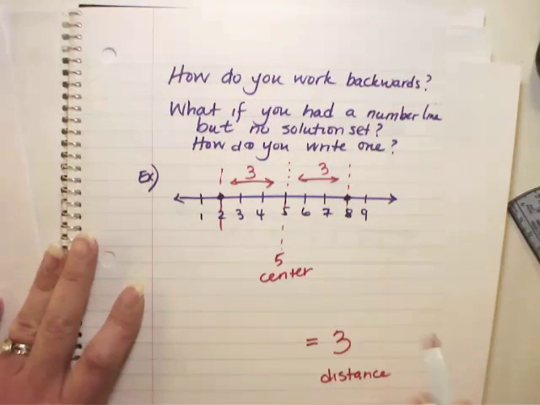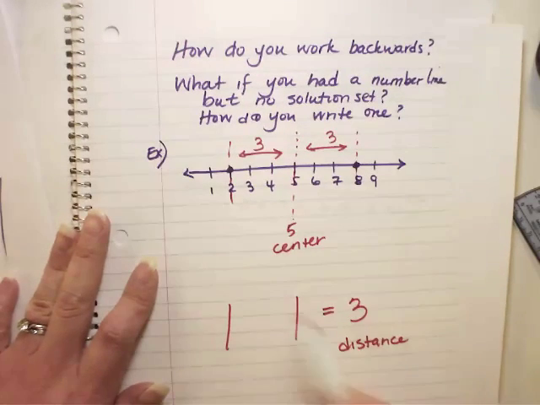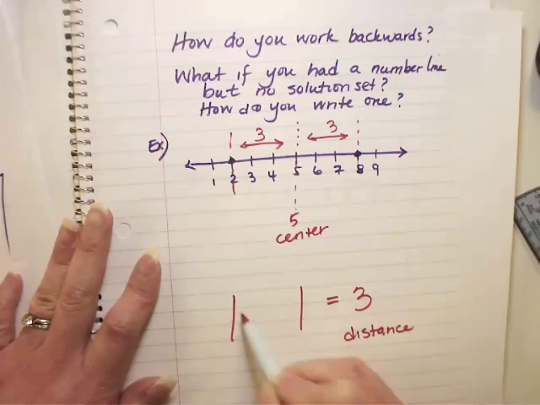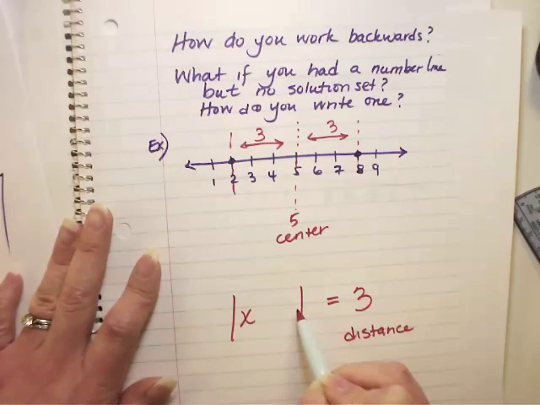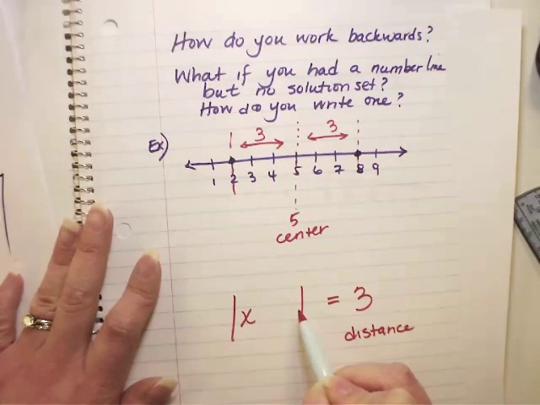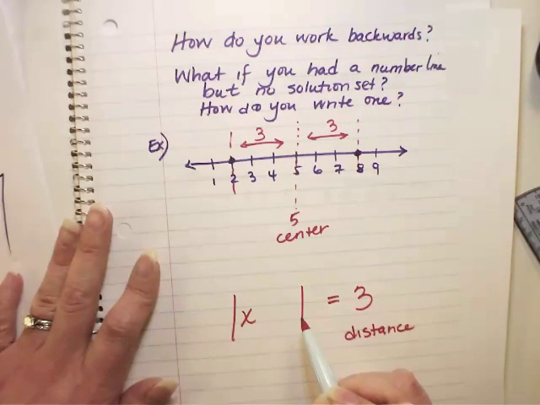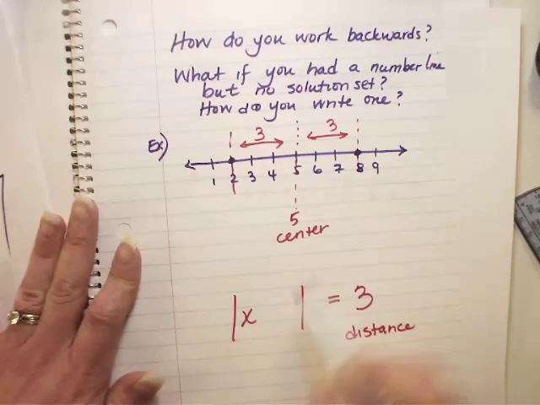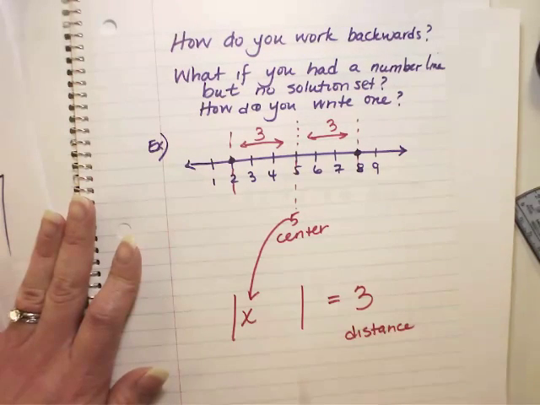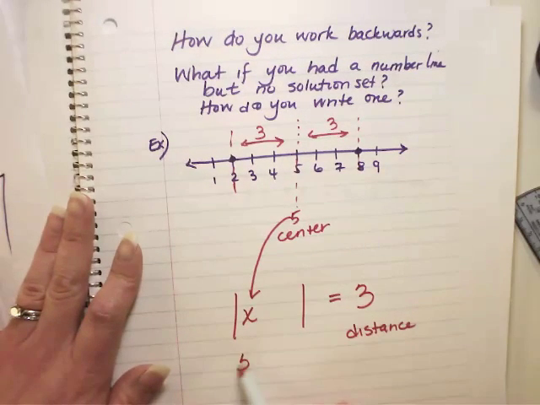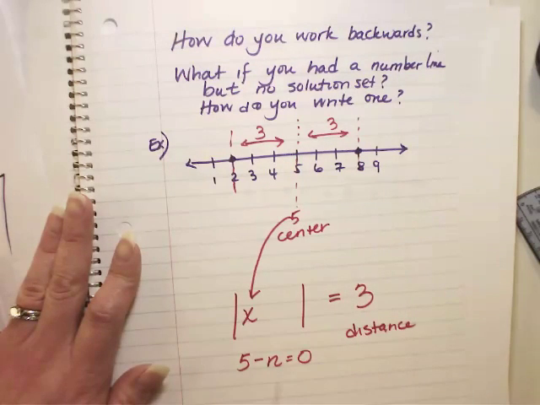Remember, it always equals the distance. Now I have to fill this part in. x minus something equals 0. And in this case, I know my x right now is 5. So 5 minus something equals 0. What's that missing number?